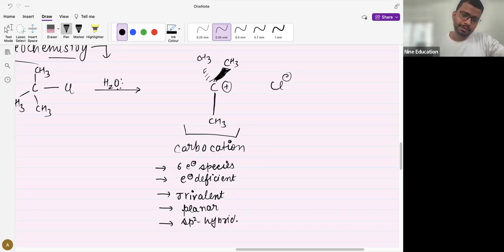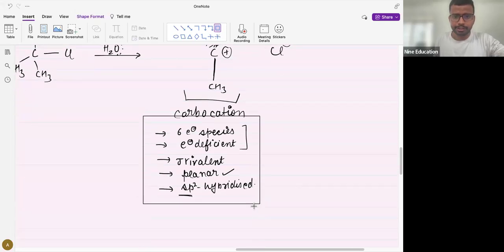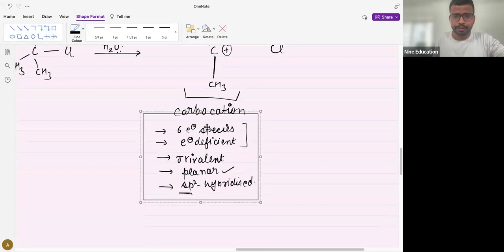The hybridization of carbocation is sp2. Therefore, it is planar. You have to remember, carbocations are 6 electron species, electron deficient.